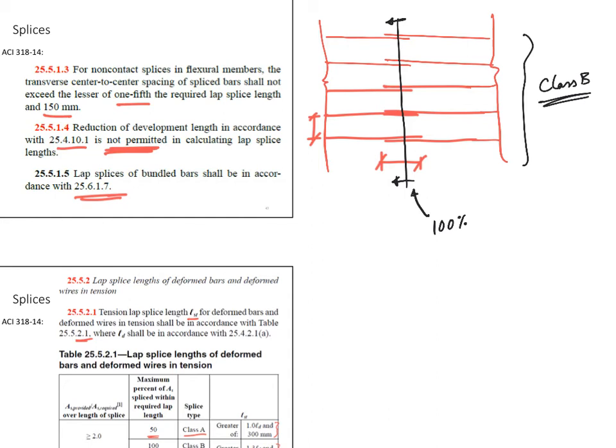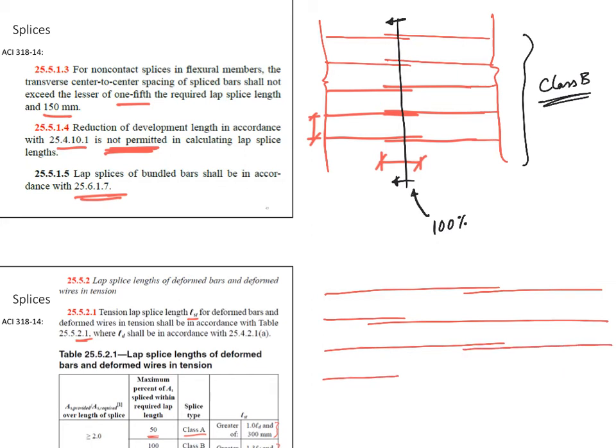Now, a smarter engineer, but it costs money and effort, would not splice everything together, especially where it is more critical. So I would, for example, do this, and then come here and do this. So what's happening here is I'm staggering my splice.